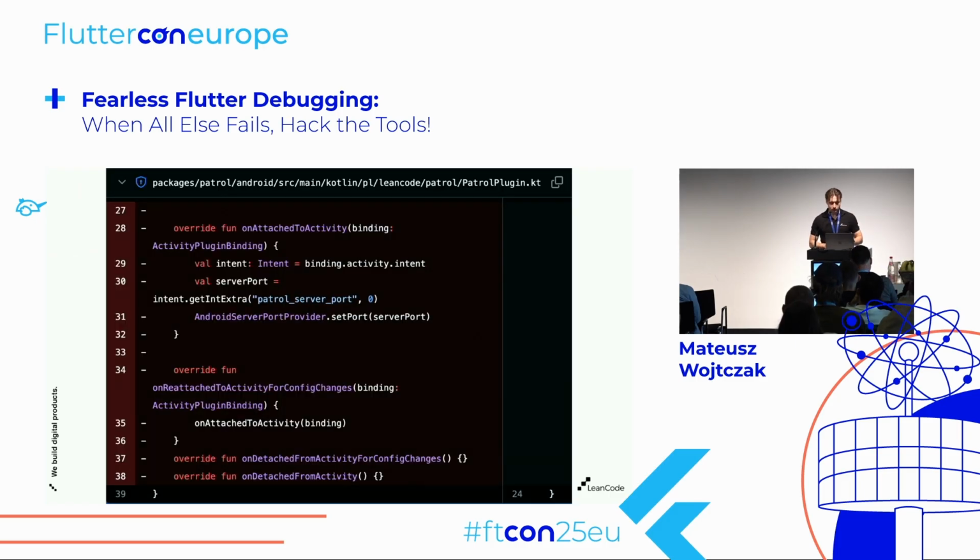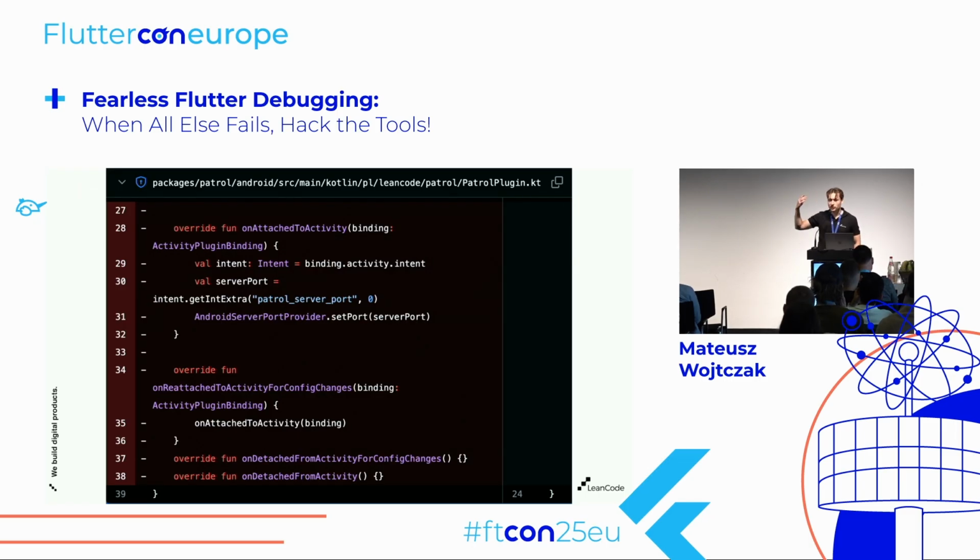We have now deleted the code because we had to do an emergency change, but we had PatrolPlugin.kt. When you use plugins, you have a native file for a plugin: PatrolPlugin.kt, PatrolPlugin.swift, and this is the Kotlin plugin. We had this code that was activity aware.